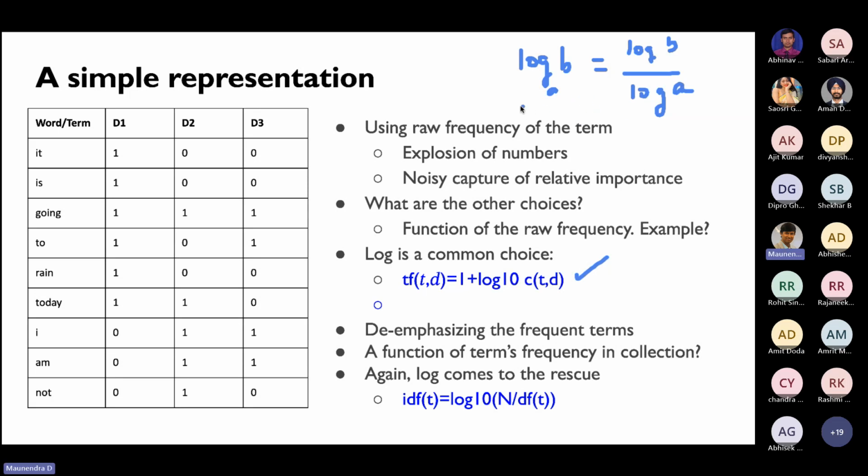Now, suppose instead of log 10, we want to use something else. So log b to the base 10 equals, taking natural logarithm on the right-hand side, log b by log 10. This log b by log a is nothing but log b by log 10 into log 10 by log a.